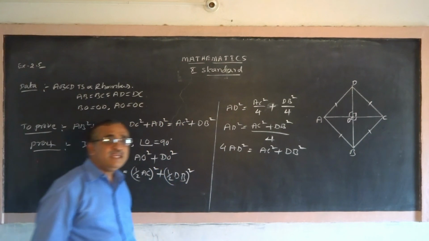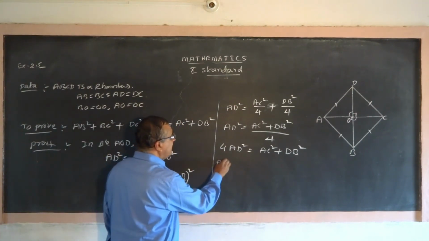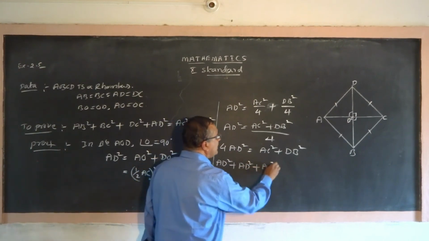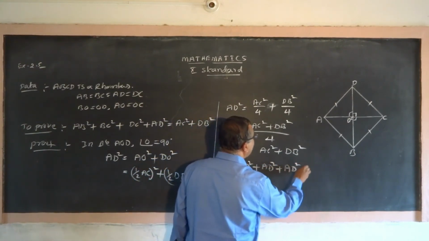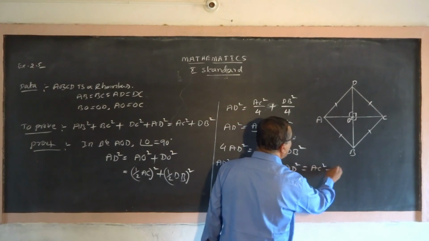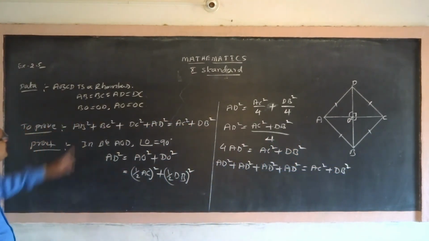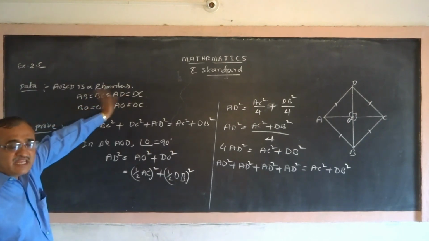What is 4AD square? It means AD square plus AD square plus AD square plus AD square equals AC square plus DB square. AB, BC, AD are equal, you know.